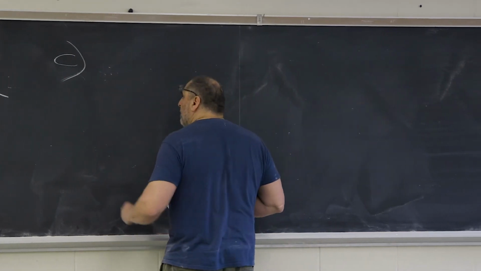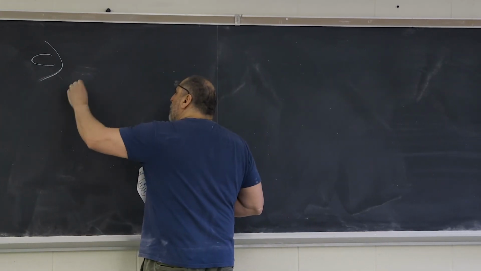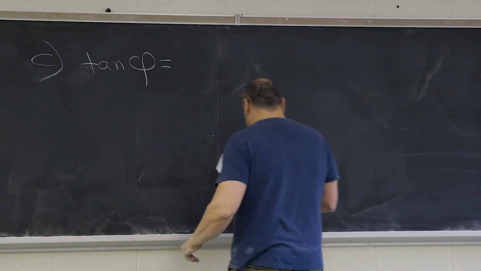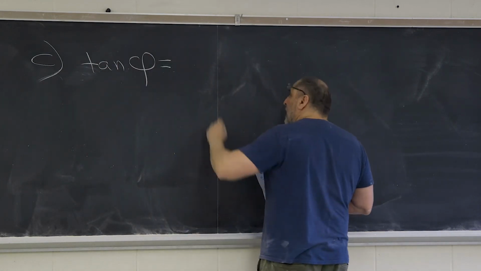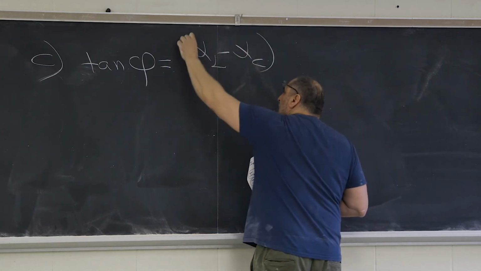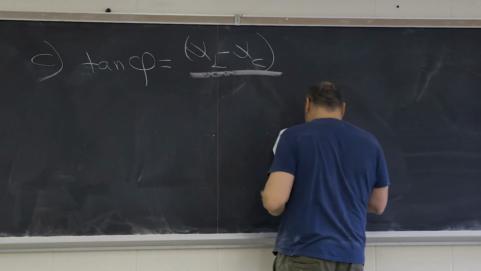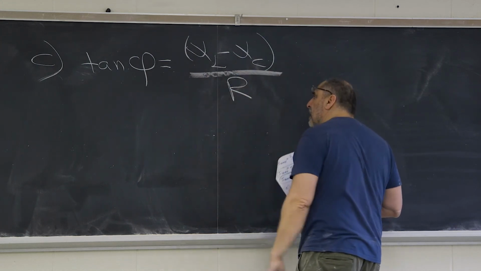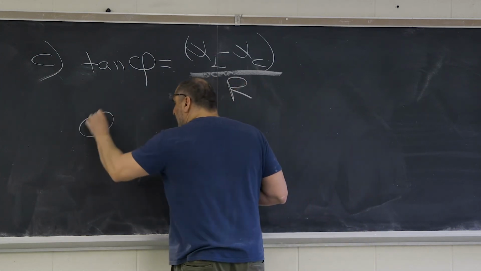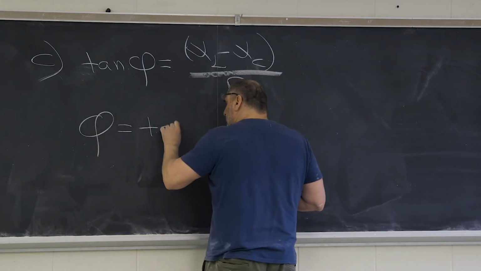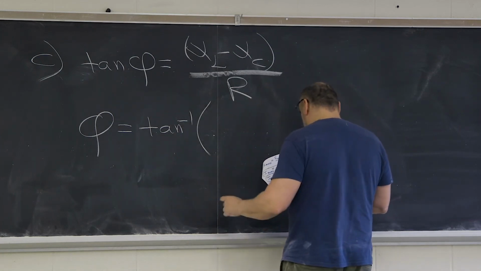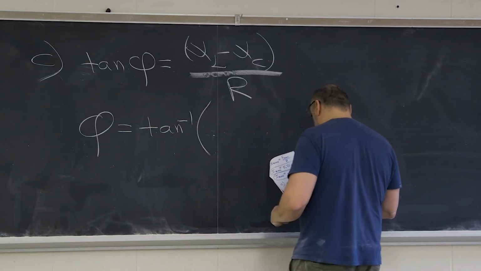Well, we could say that the tangent of phi is equal to XL minus XC over R. And phi is equal to the inverse tangent of the whole song and dance that was going on earlier.